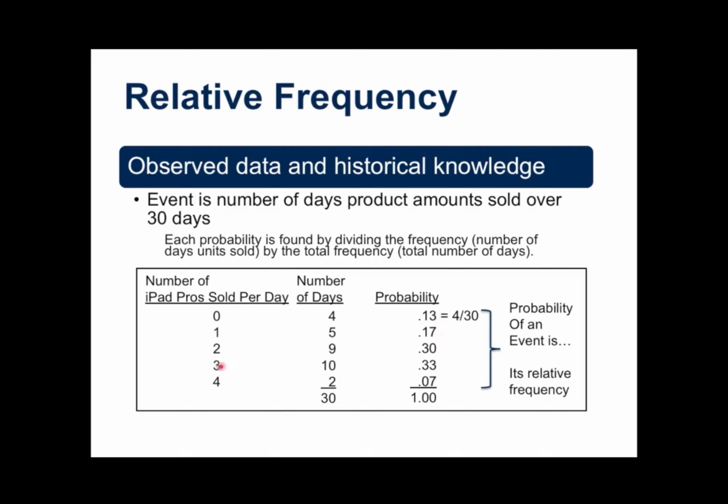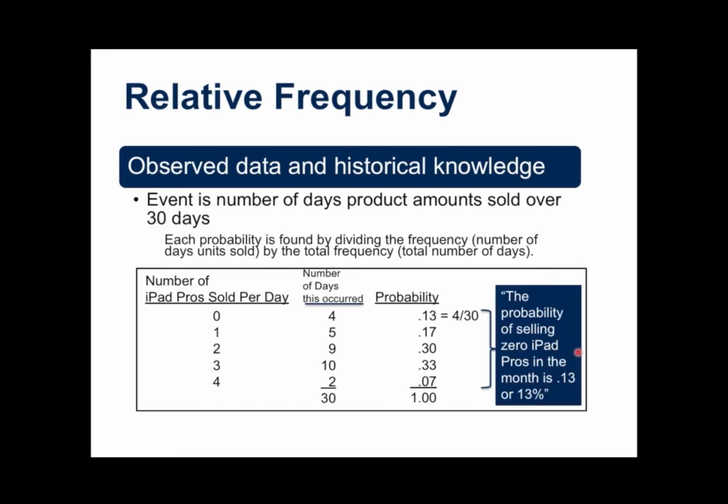And if you were to begin crunching your data by looking at the combinations of different categories, you're going to be able to think about it in terms of probability of some kind of an occurrence or an event. So here's the interpretation that I just verbally said, but just so there's no mistake about it. If I was just looking at the occurrence here of 0 iPads selling 4 days out of the month, which is 0.13, the probability of selling 0 iPad Pros in the month is 13%.